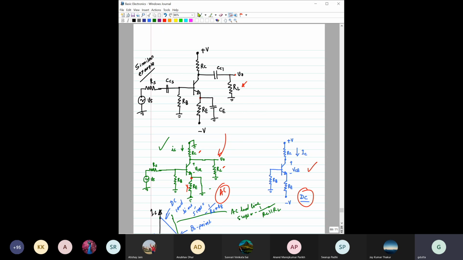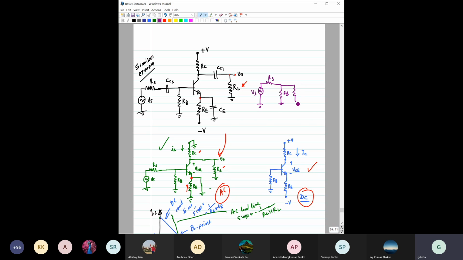Where should we start? We should start with this VS, right? For say we have this VS, ground, then we have this RS, then this RB, then we have to draw the equivalent circuit of this bipolar junction transistor.